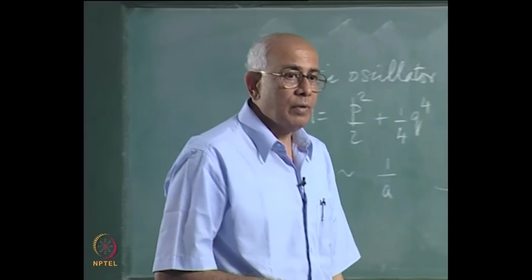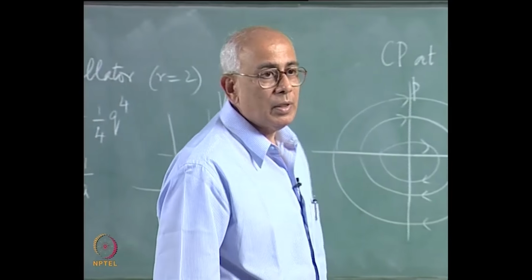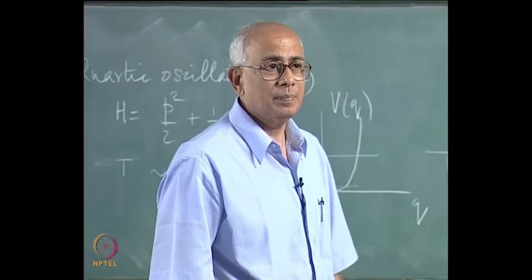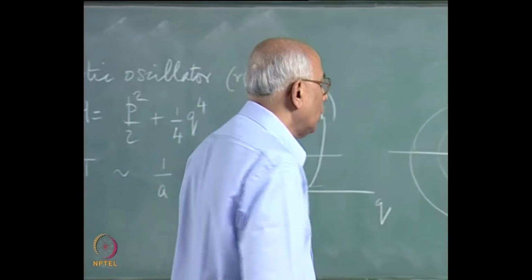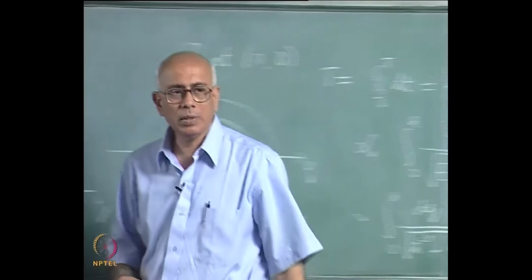We are actually interested in finding out how the time period or the frequency changes as a function of the total energy of the system. How are we going to do that? We already have this result, T goes like 1 over a to the r minus 1. So how does it depend on the energy?